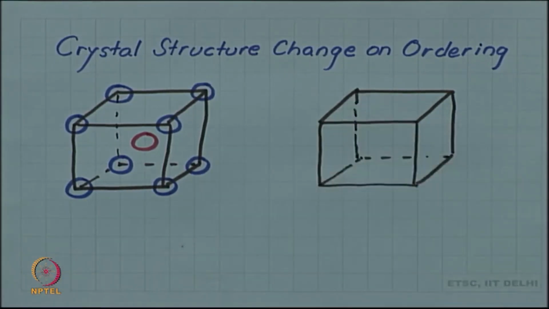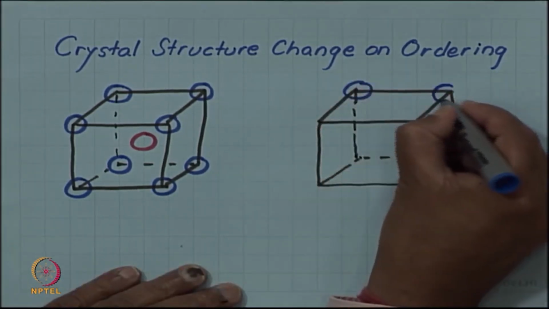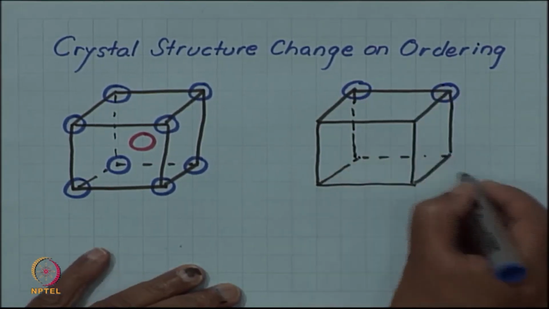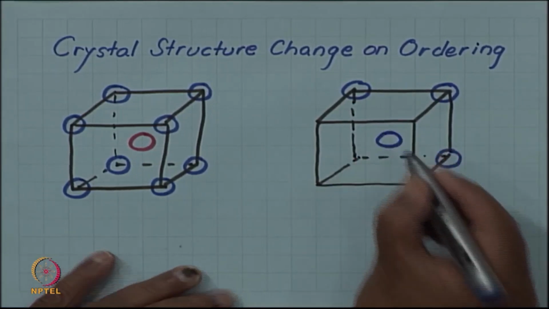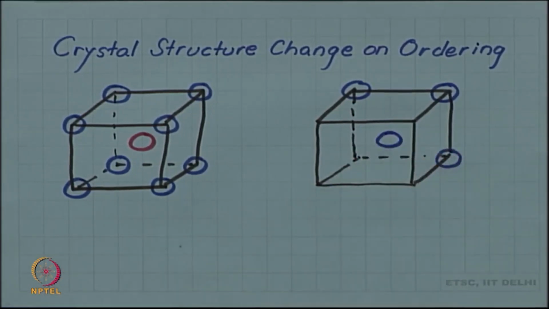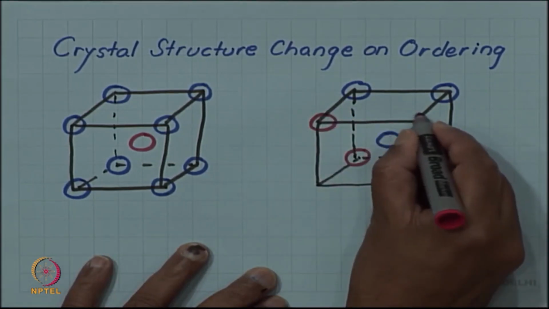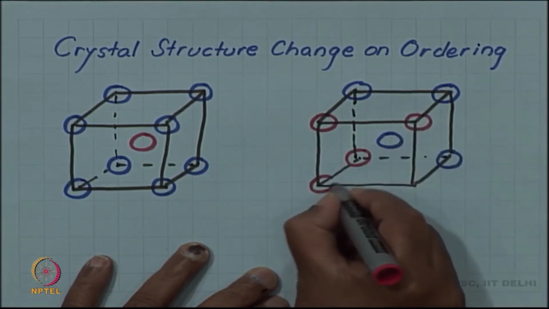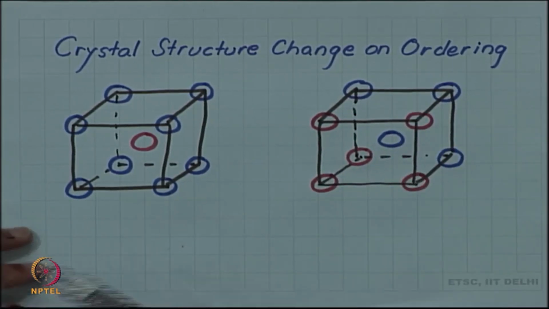So, some corners will be occupied by zinc, maybe the center is also occupied by zinc, whereas some other corners are occupied by copper.